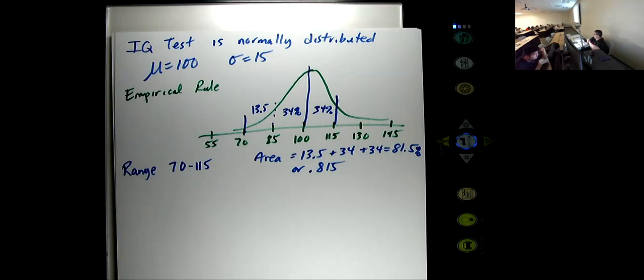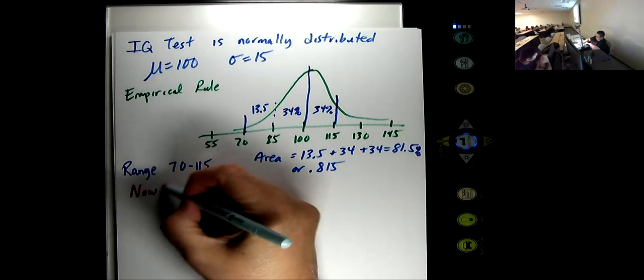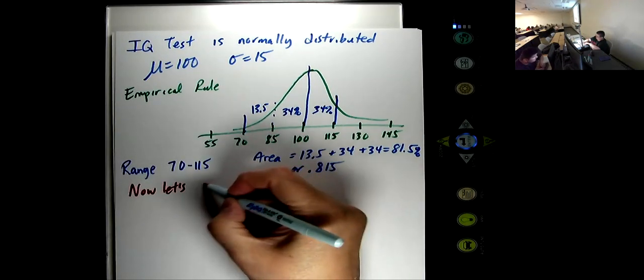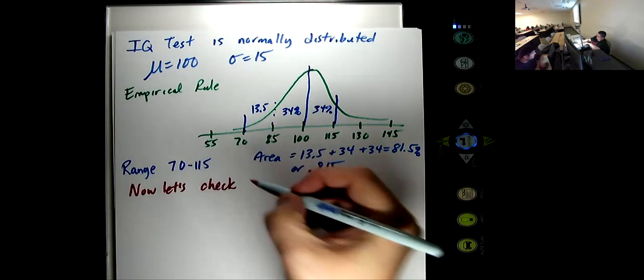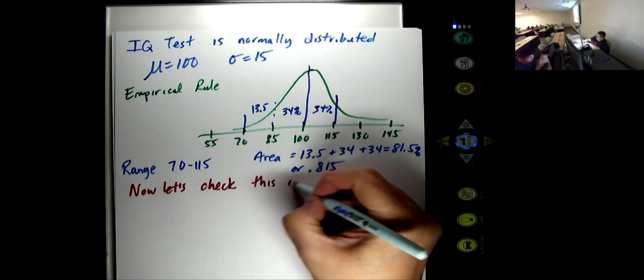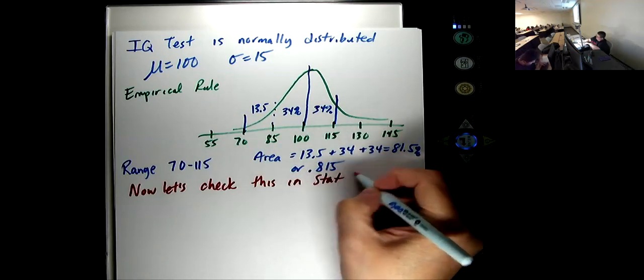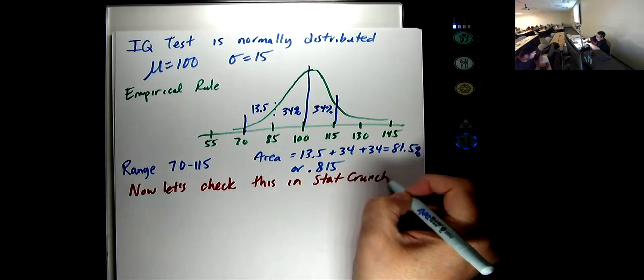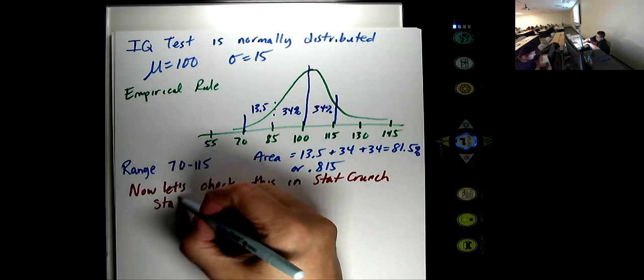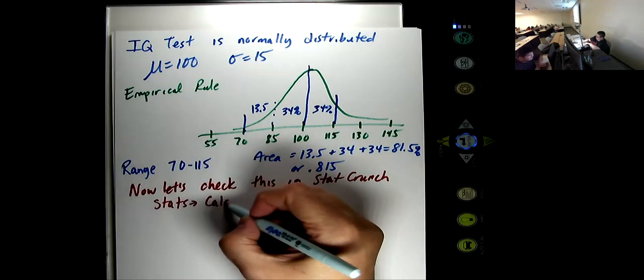This is using the empirical rule. We're going to go look at what the normal calculator does. Now let's check this on the normal calculator. Stats, calculators, normal.